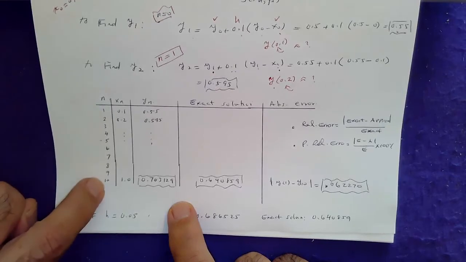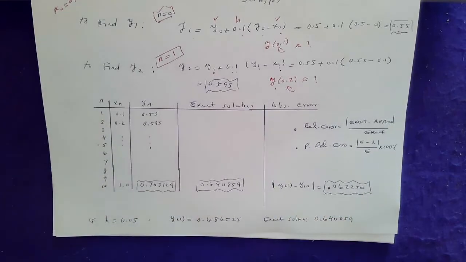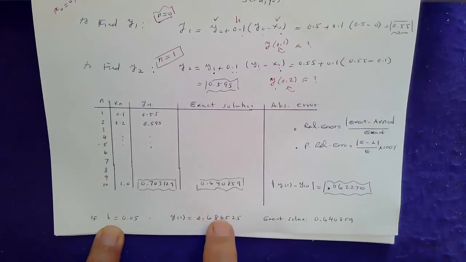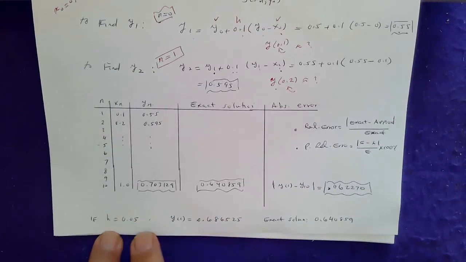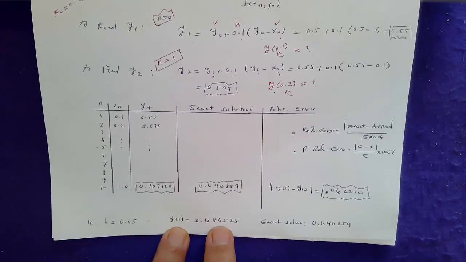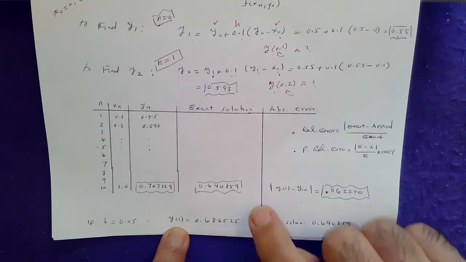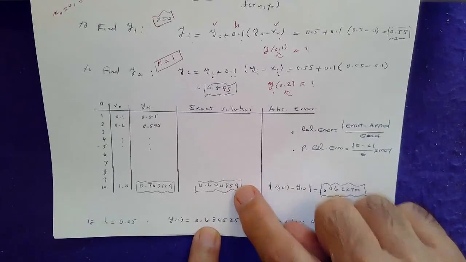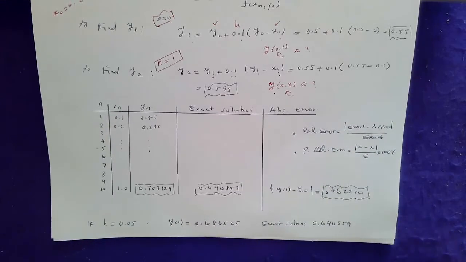So instead of 10, take like 20 steps. So decreasing the step size will improve the approximation. As a matter of fact, if you take h equal to 0.01, the approximation comes up to 0.68652. Notice we are getting there, but we are not there yet. So that would be one of the things we could do.